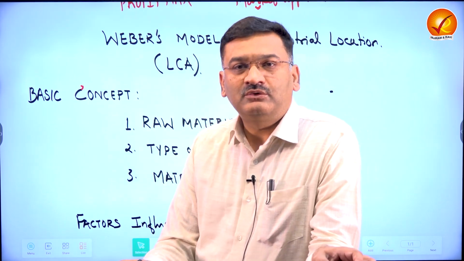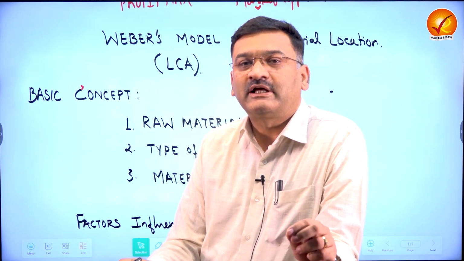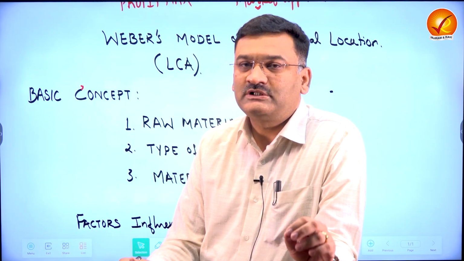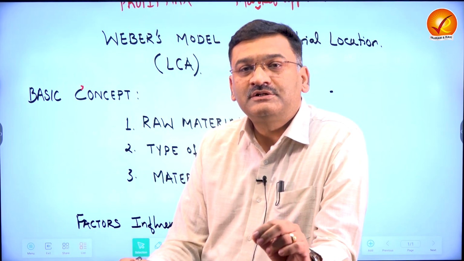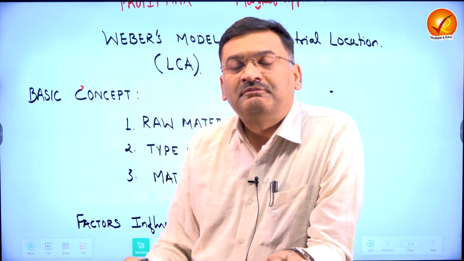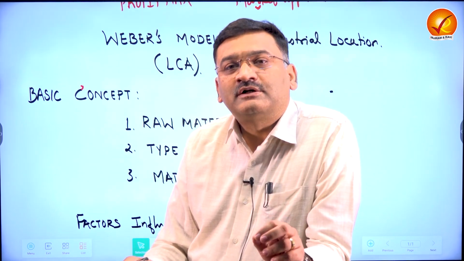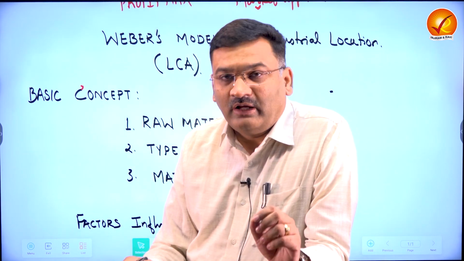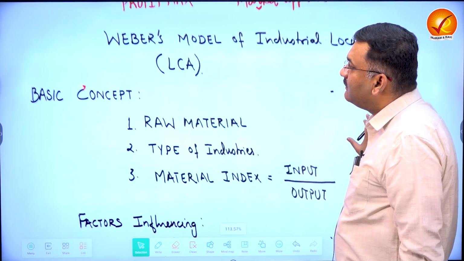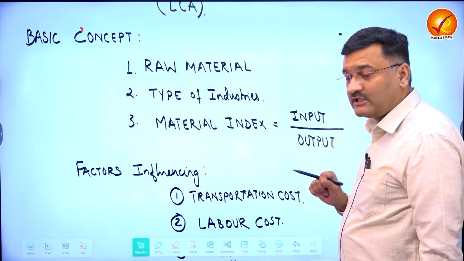He talked about how industries, particularly manufacturing units, can be located on the basis of cost of production. So this also follows a least cost approach. The intention of Weber's theory is to identify the location of the industry where the cost of production can be further minimized. I am just giving you the basic idea of the model; we will discuss it in detail again.